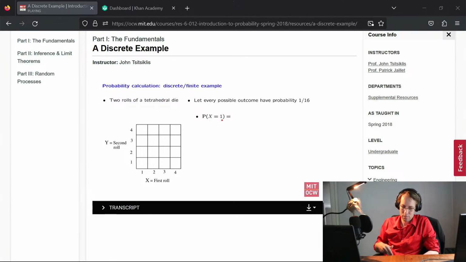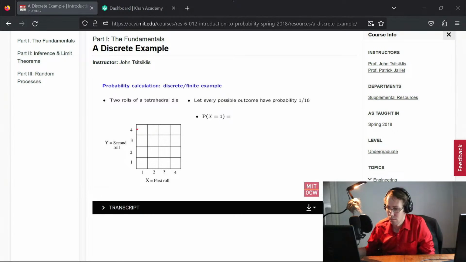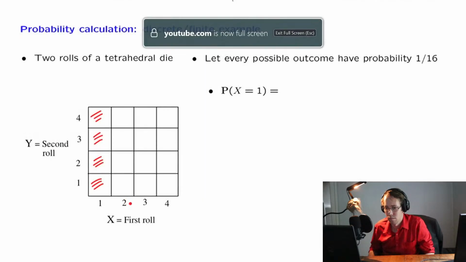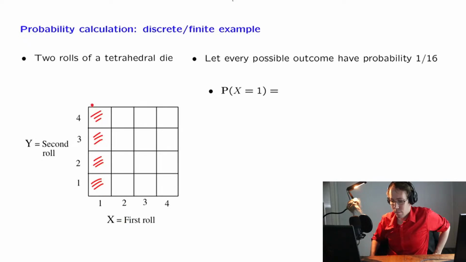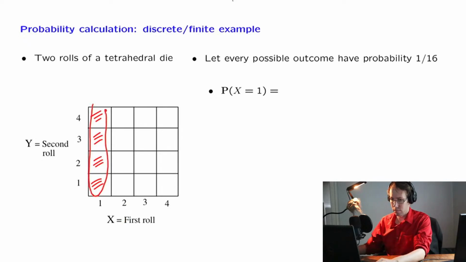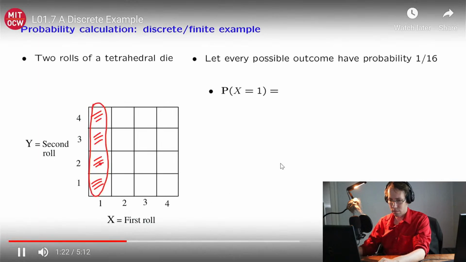The way to calculate this probability is to identify what exactly that event is in our picture of the sample space and then calculate. The event that X is equal to 1 can happen in 4 different ways that correspond to these 4 particular outcomes. Each one of these outcomes has a probability of 1 over 16. The probability of this event is the sum of the probabilities of the outcomes.